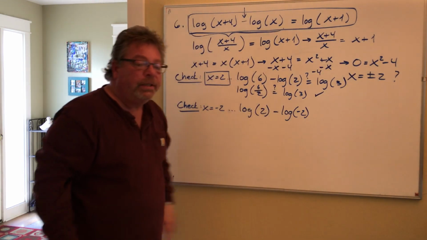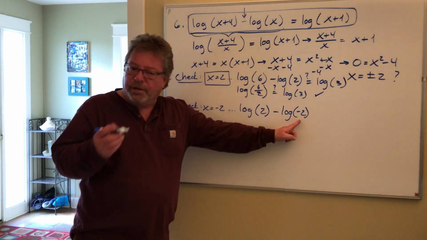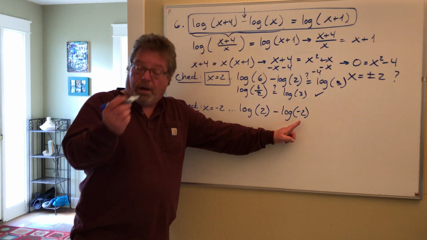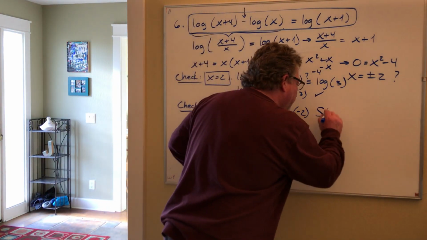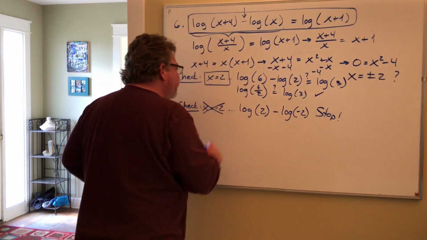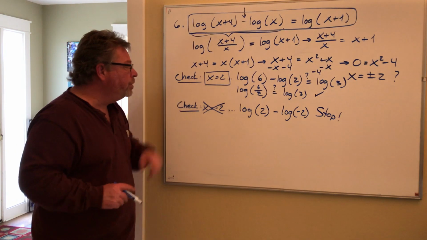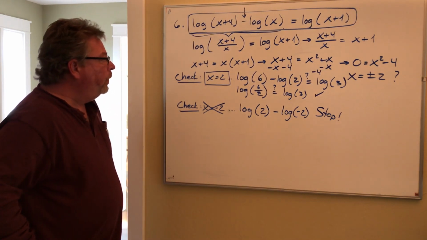And I'm going to stop right there, because the log of negative 2 is not in the domain for our common log function. So I'm not going to go any further. This guy is extraneous. The only solution to this equation is x equals 2. Whew. Okay.